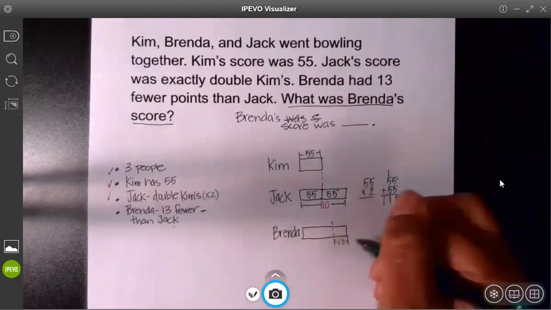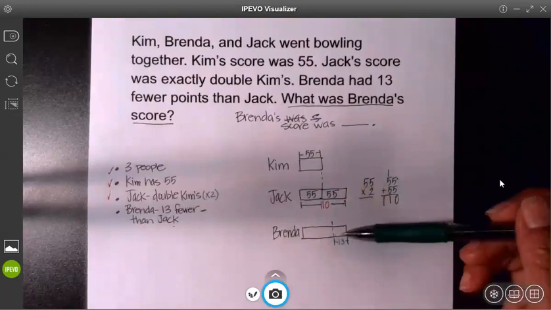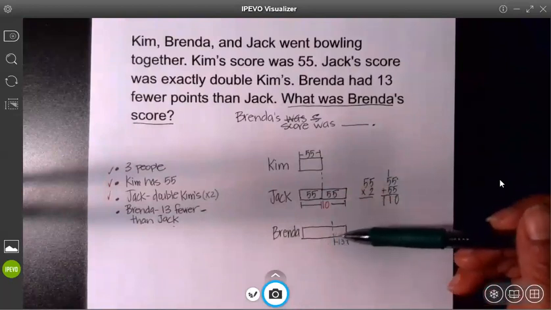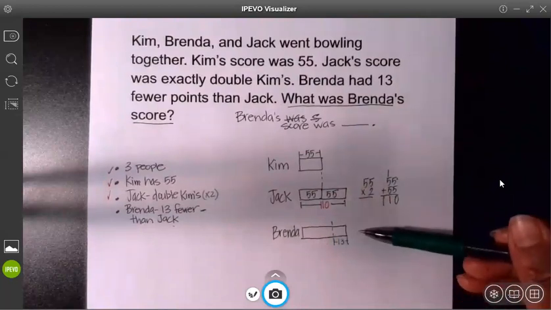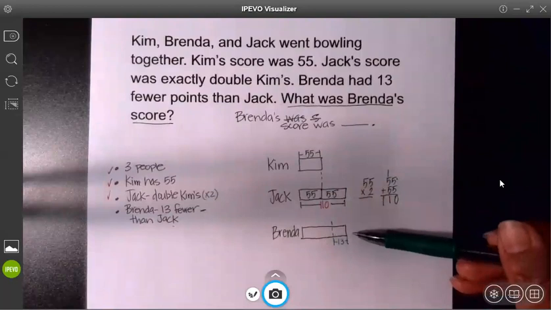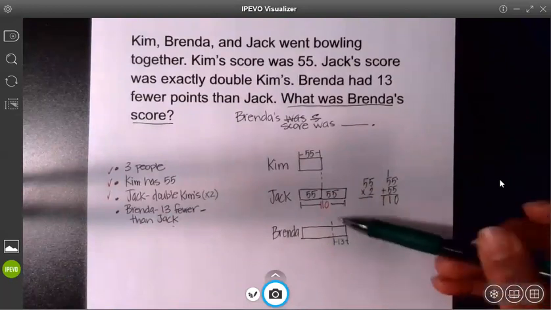Okay? So remember what I said earlier for the first problem. If you're taking away or subtracting, you need to make sure you take away from the inside of the bar. Do not add another bar on the outside or another unit. Make sure you're taking it away from the inside of the unit.